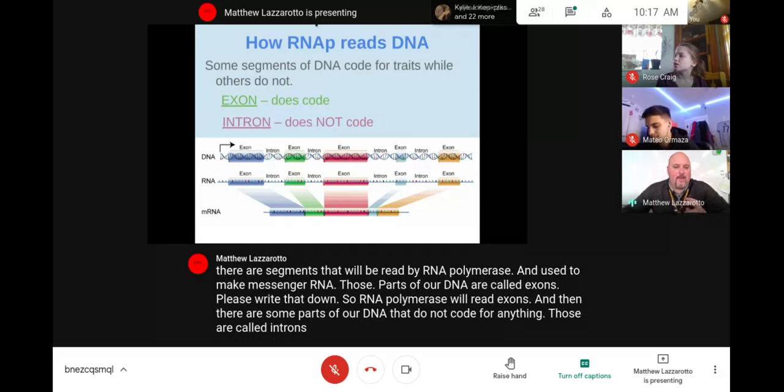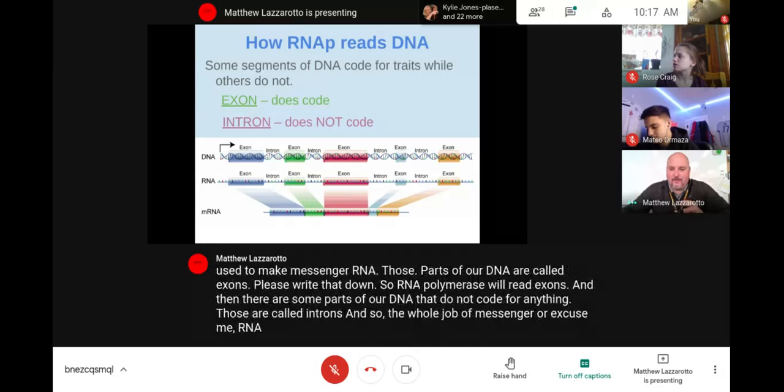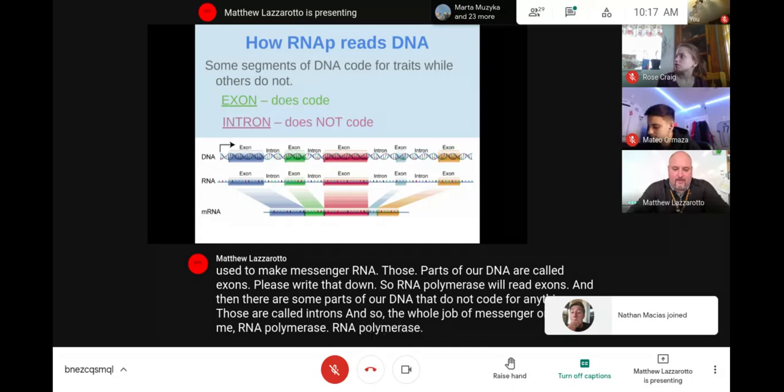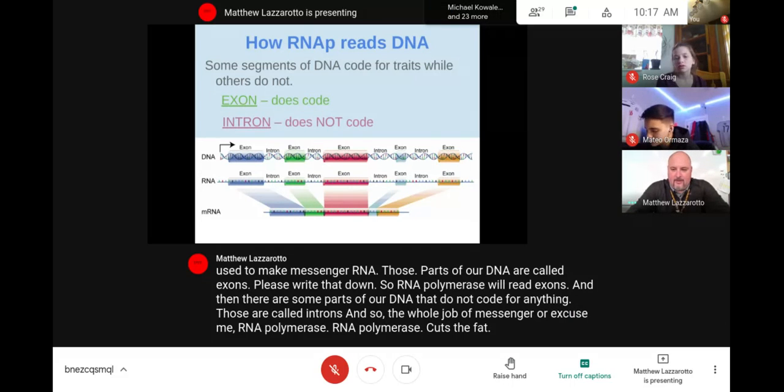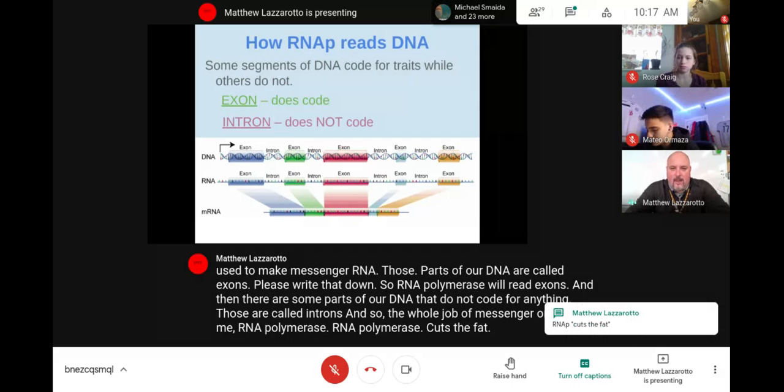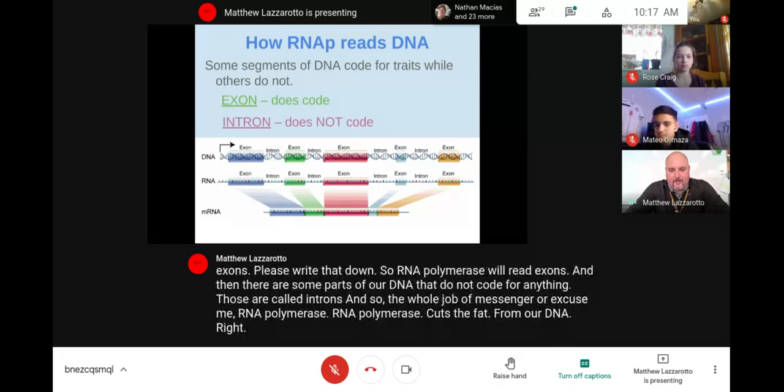And so the whole job of RNA polymerase is to cut the fat from our DNA, right? It's like you have a nice piece of steak.